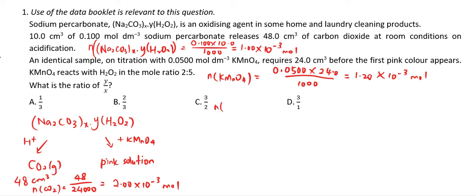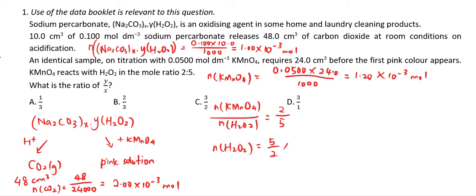So number of mole of KMnO4 divided by number of mole H2O2 is 2 over 5, right? So how do I find the number of mole H2O2? It will be 5 over 2 times number of mole of KMnO4.